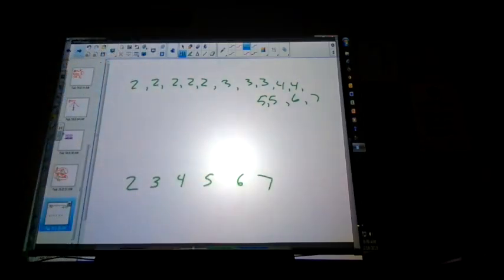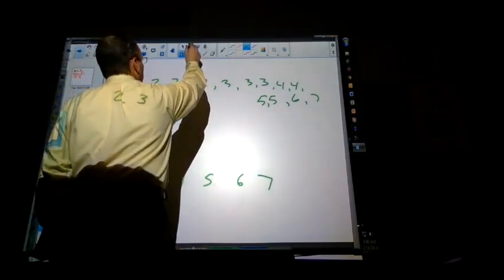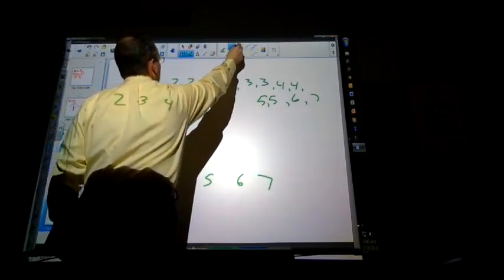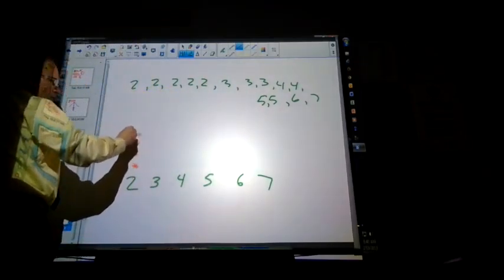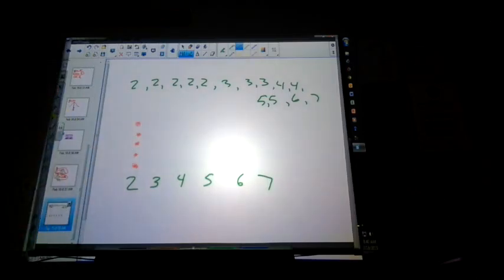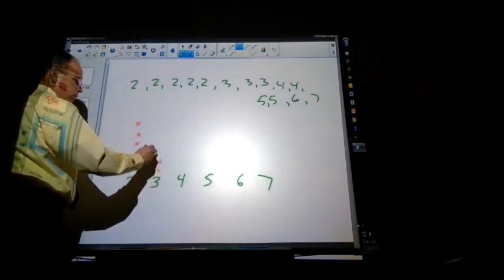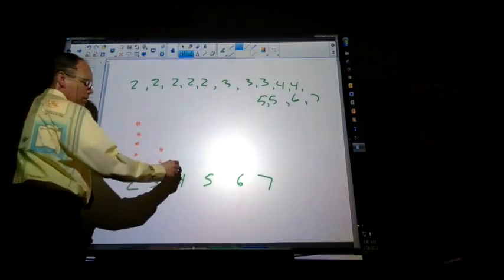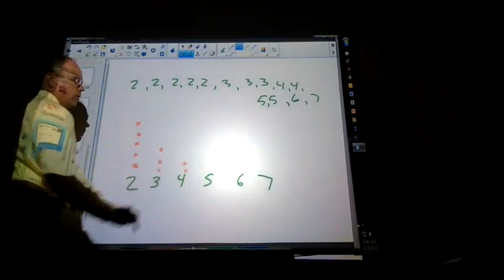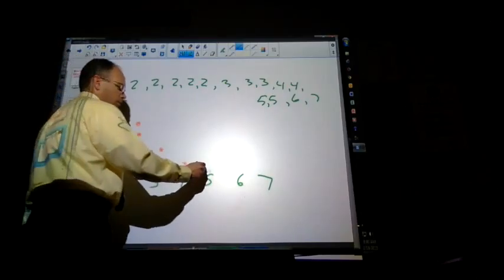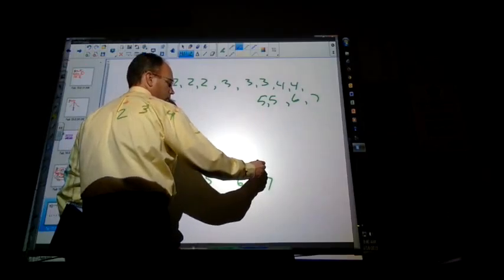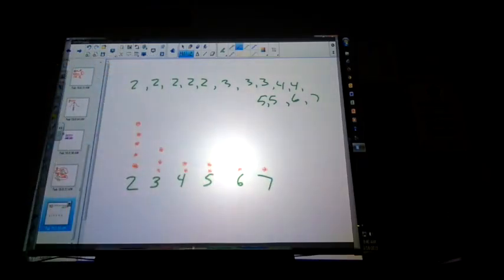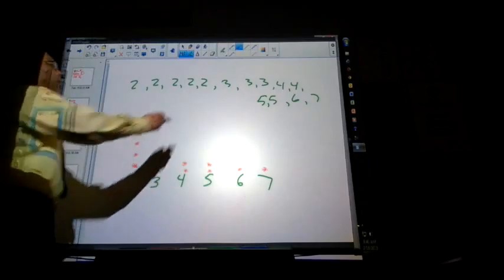How many 2s happen? Five. One, 2, 3, 4, 5. How many 3s? How many 4s? Two, but thanks for counting. How many 5s? Two. How many 6s? How many 7s? Describe this graph. What does it look like?